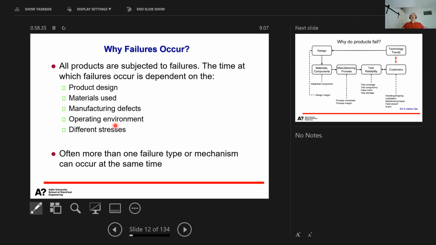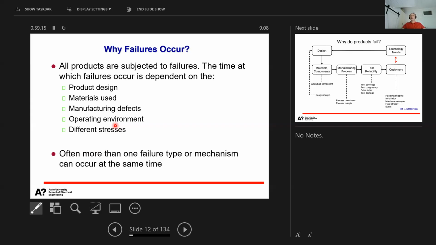But we can affect the occurrence of the failures by affecting these things, if we understand them properly. And of course, the problem is that quite often there are several failure mechanisms occurring at the same time, and they might have cumulative effects, or one specific mechanism might dominate at certain times, or in a certain phase of the life cycle, or under certain stresses, for example.